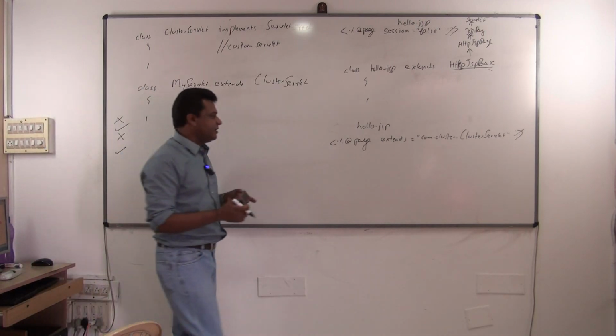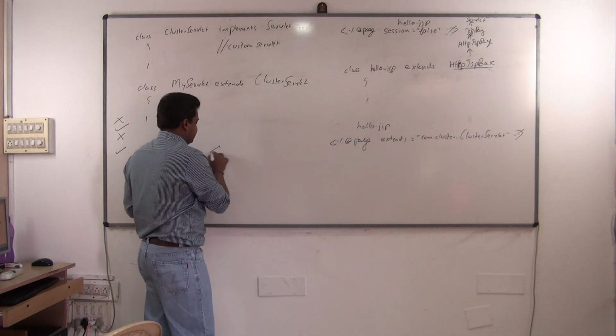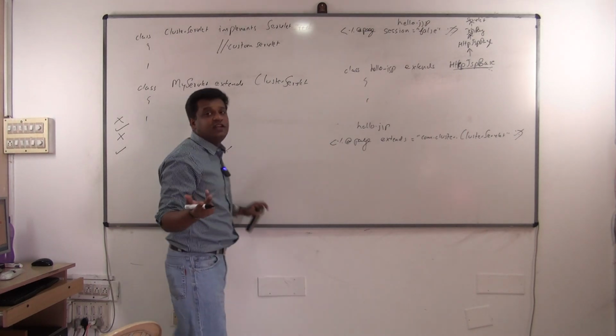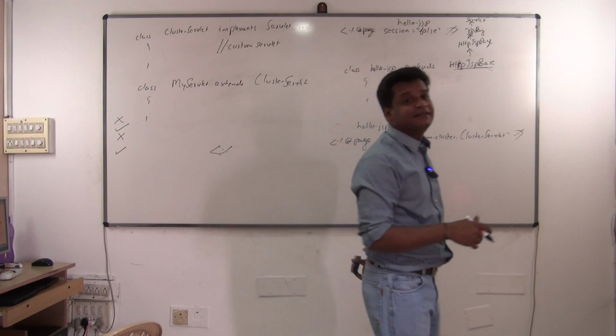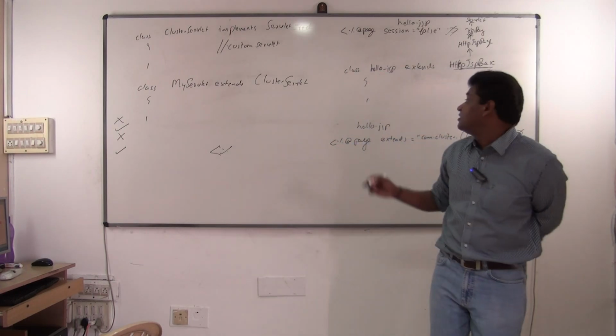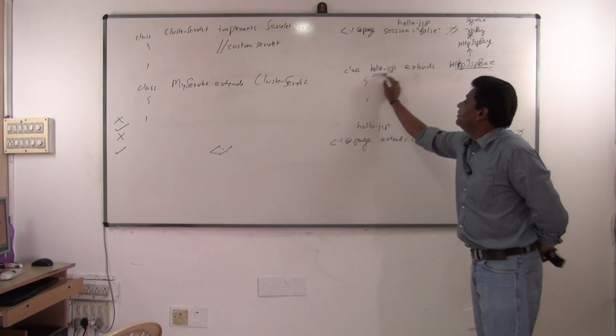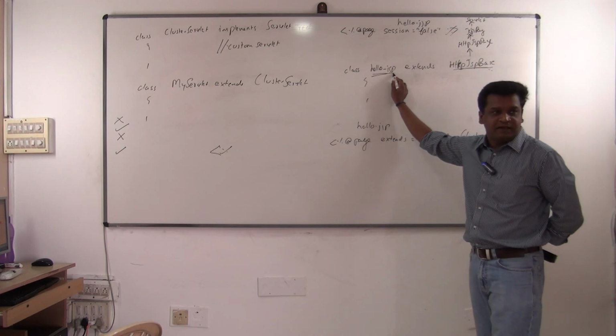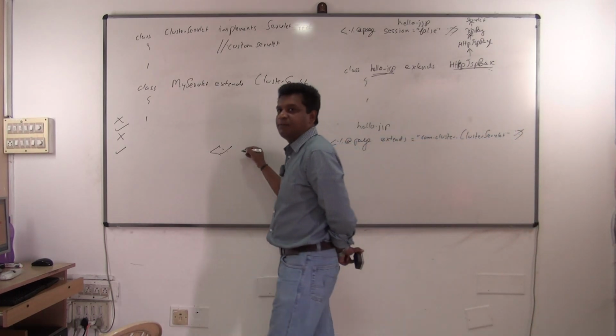Think. Either you have to write it using a scriptlet. But how do you know the name of the class the container will generate? You never know what name the container will generate. Even if you write it in a scriptlet, see the problems.